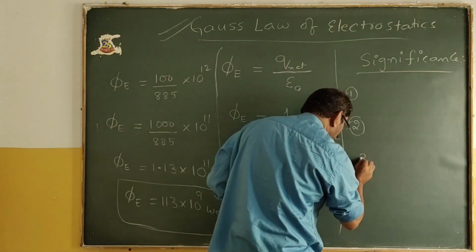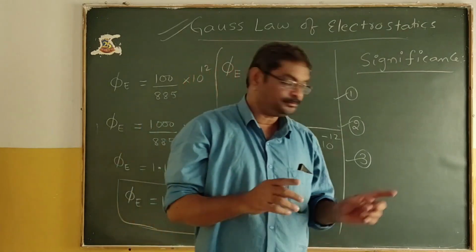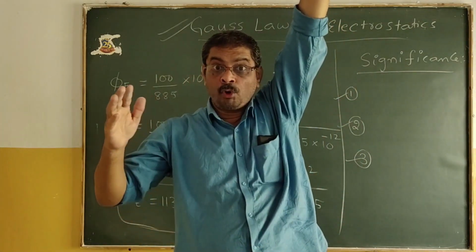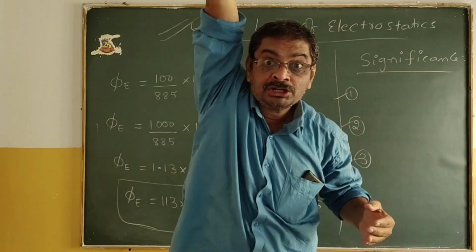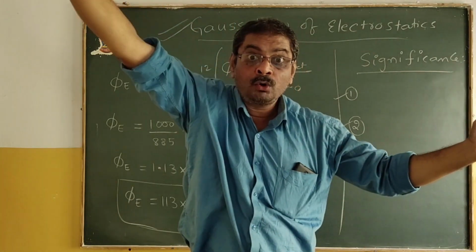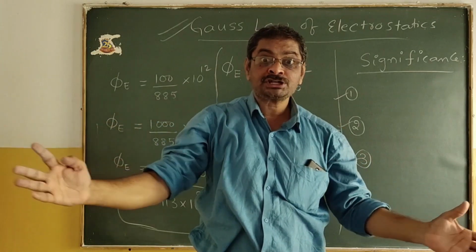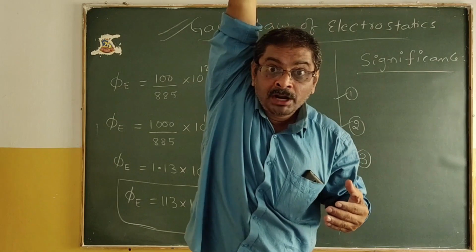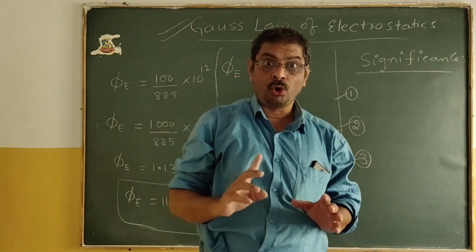Now what is the third important point? Whenever the net charge enclosed by the Gaussian surface is zero, then the electric flux will also be zero.